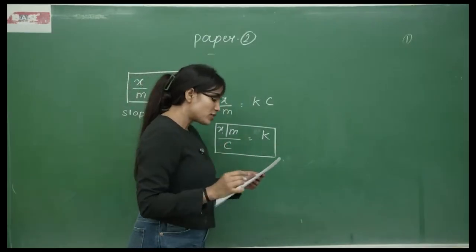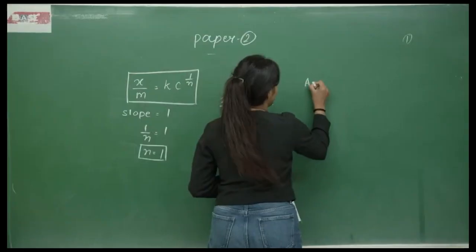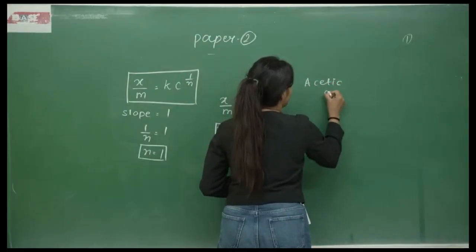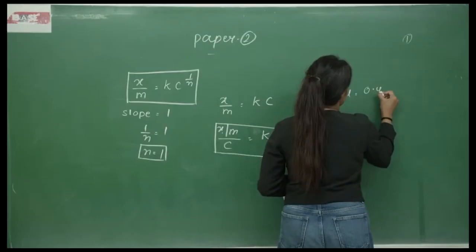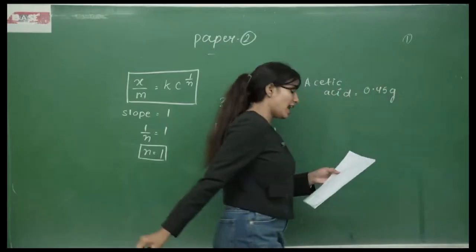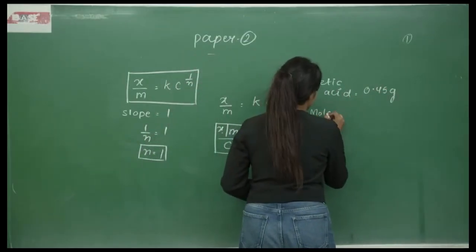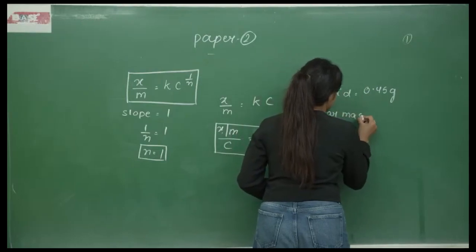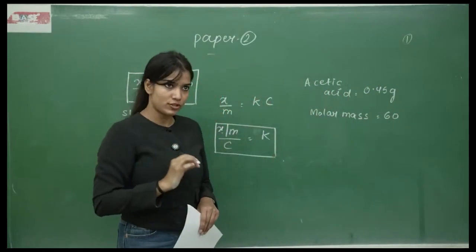Now, in the question we have been given acetic acid, which is 0.45 grams, and we know that the molar mass of acetic acid is 60. With this we can find the number of moles of acetic acid.